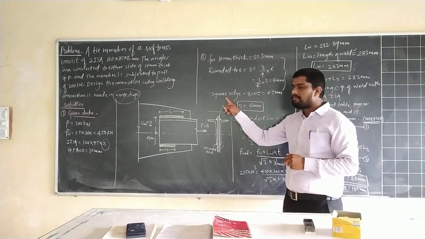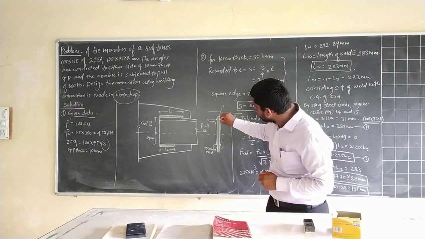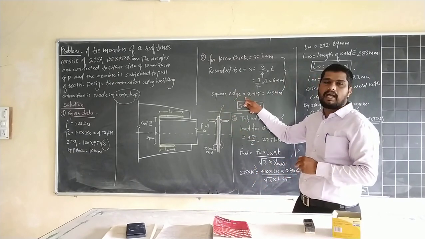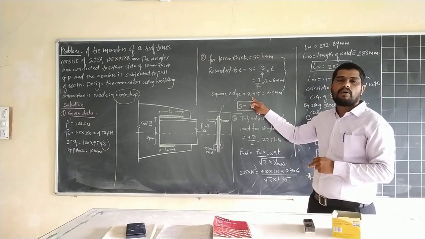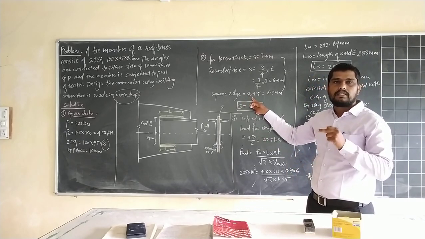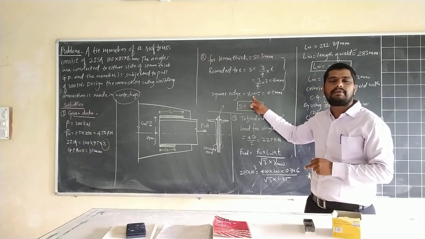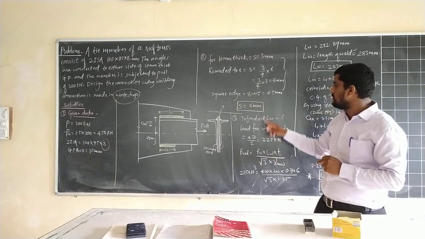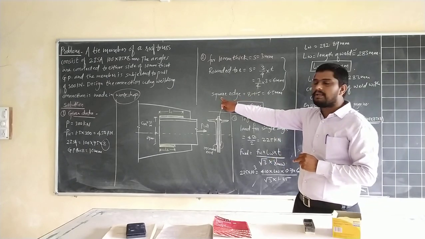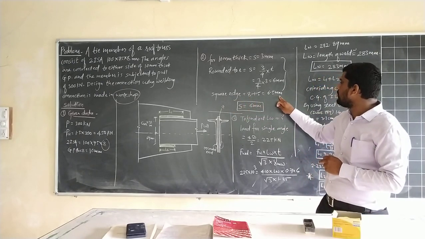Then if we provide the same size of weld at square edges, what should be the value? As per the IS code, from the thickness of the angle section, 8 mm, we always deduct 1.5. Then the size of the weld for square edges is 8 minus 1.5, equal to 6.5.